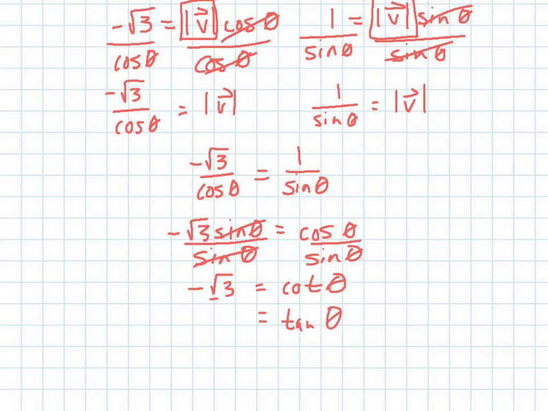That flips this one, so it makes it 1 over negative square root of 3. So where does tangent equal negative 1 over square root of 3? Well, that would be in the fourth and in the second quadrant somewhere. Now I'm not sure if it's going to be a thirds or 6. So let's pick one, like 11 pi over 6.